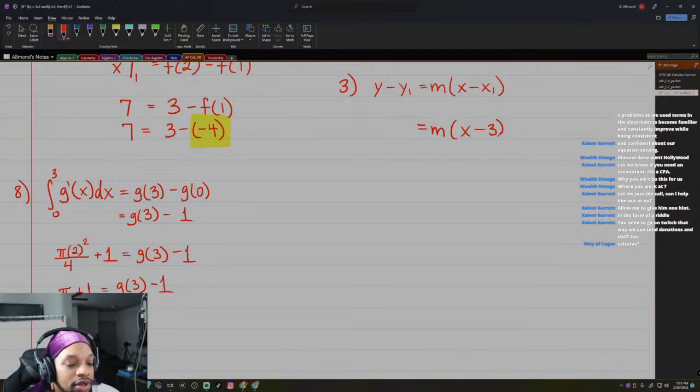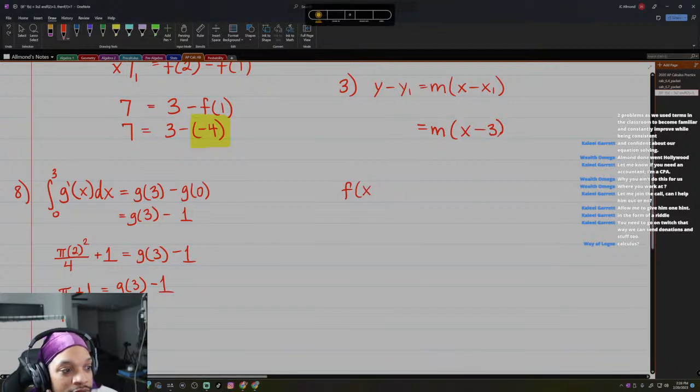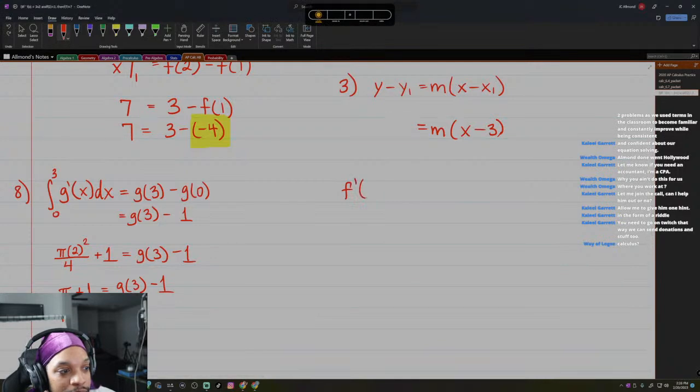Depending on what your function was, you have to plug in 3 in order to get your y. The equation for the tangent line uses f prime of x, that's how you get your slope. It's not just the equation of the line, it's the equation that gives you the slope. So you plug in 3 into f prime to get your slope.